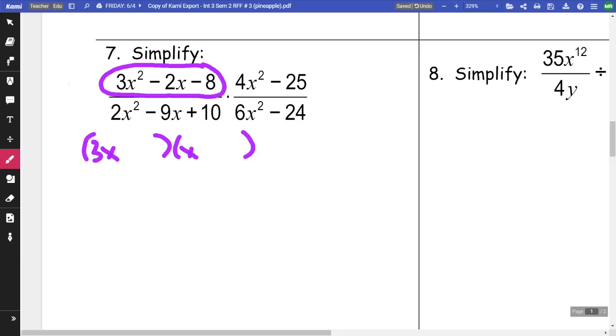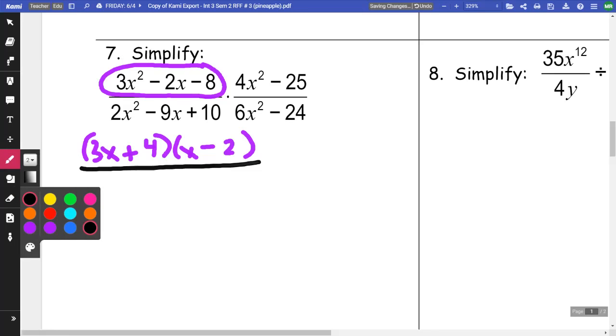And I got to figure out the order. I'm thinking I'm going to put the 4 here and the 2 here, because this would give me a 6, this would give me a 4. If I subtract that, that's a 2, but I want a negative 2. So that means I want this one to be negative and this one to be positive. But again, you can do a box to diamond if you prefer.